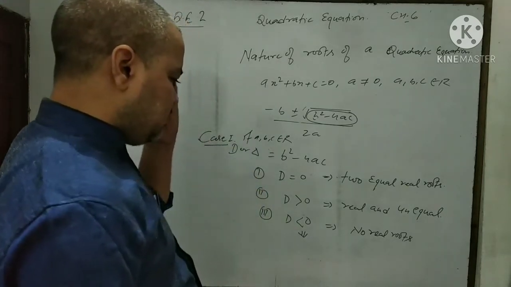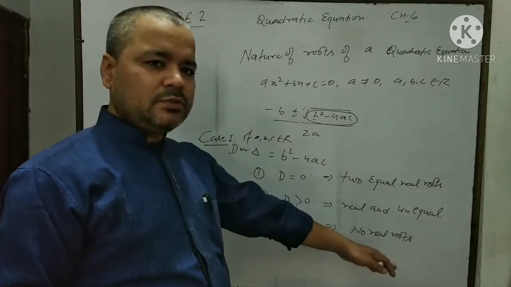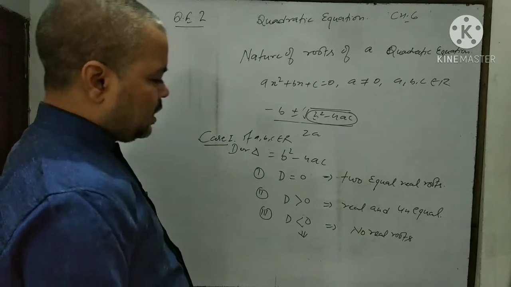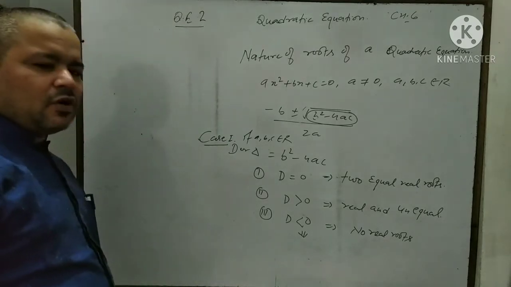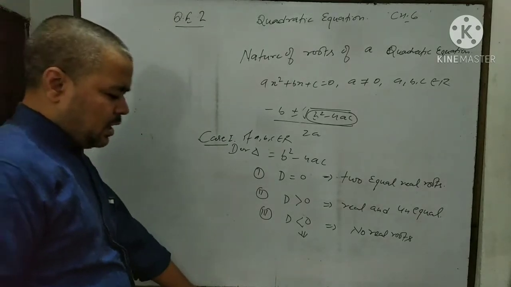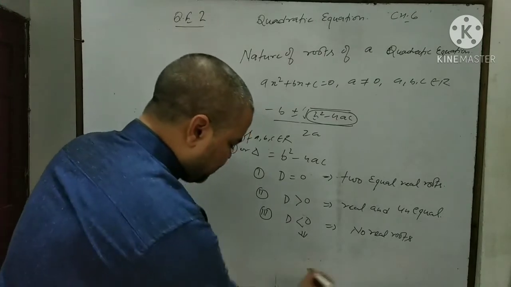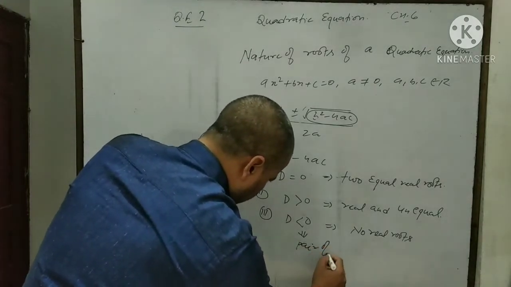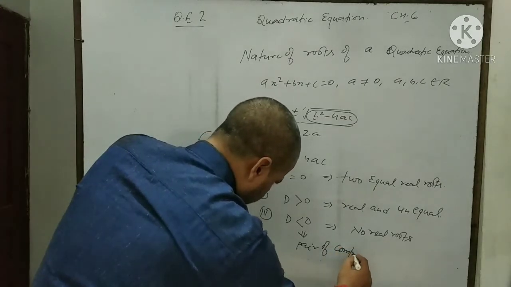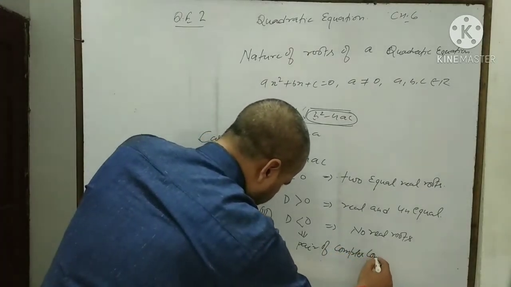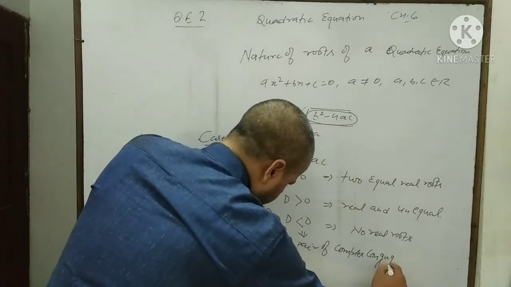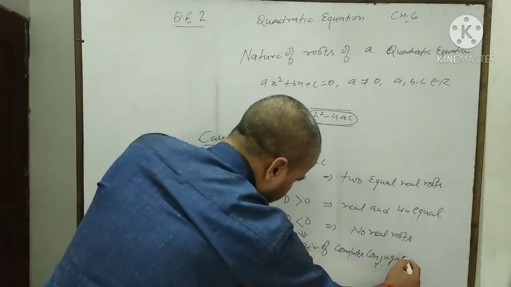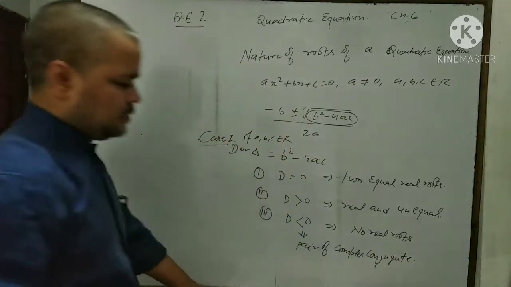Therefore, here there will be no real root. It means the roots will be imaginary, in the form of a complex number, a pair of complex conjugates.